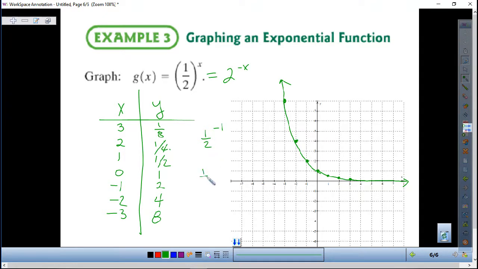Same thing with 1/2 to the negative 2. Flip it over and square it. If you flip it over, you're going to have 2 over 1 to the 2nd power. And then, of course, that's going to give you the 4. So there's lots of ways to deal with this, but just get comfortable with the fractions, because here's a breakthrough here. You're going to see fractions. They are not going away.